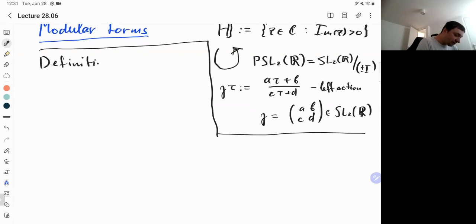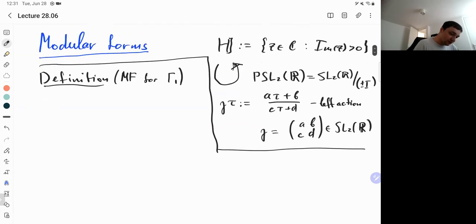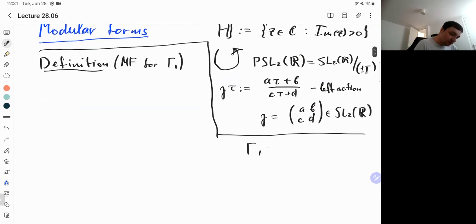So first I will give a definition of modular forms for Gamma 1. Here, let me say Gamma 1 is PSL2(Z). So it's 2x2 matrices with determinant 1, with integer entries, modulo plus or minus the identity matrix.